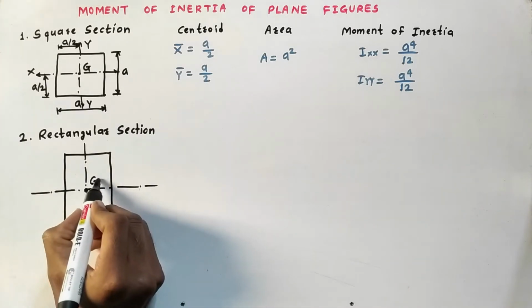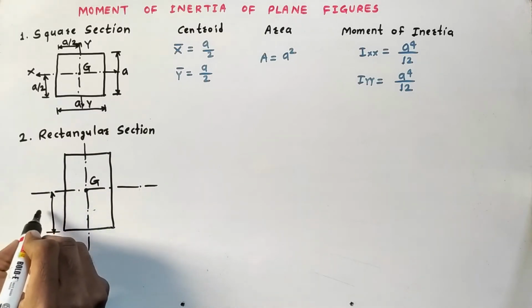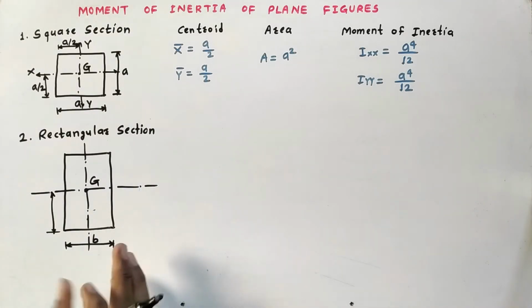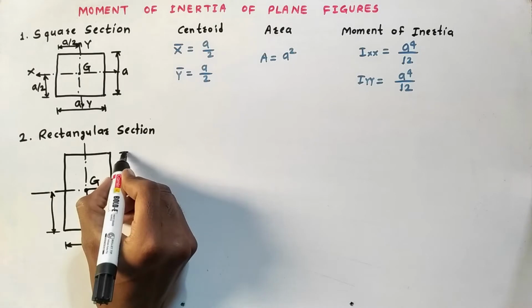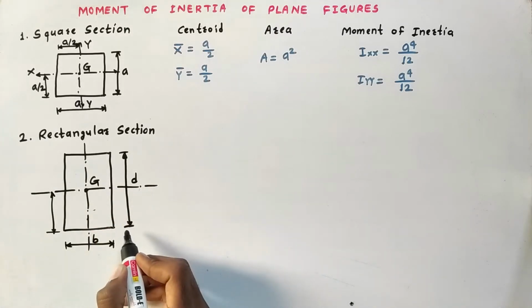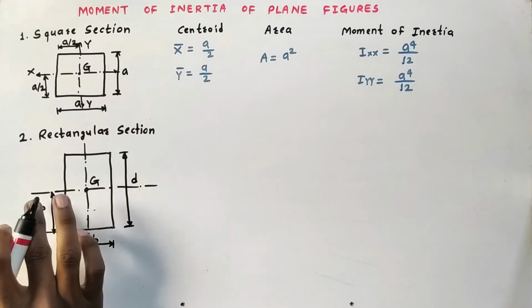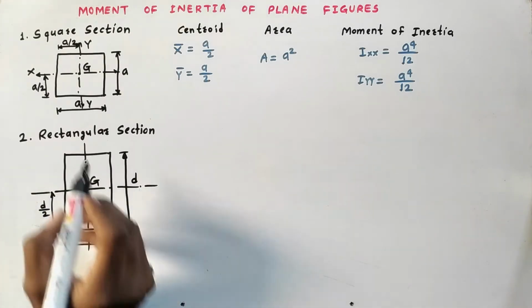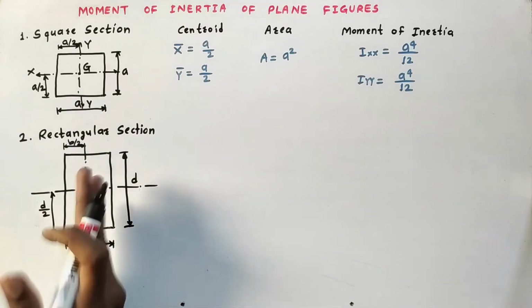Now this is centroid G. The dimensions of the rectangle are, remember this, horizontal dimension is always B, that is width, and vertical dimension is depth, D. The centroid from the bottom is D by 2, that is y bar, and from the left side it is B by 2, that is x bar.